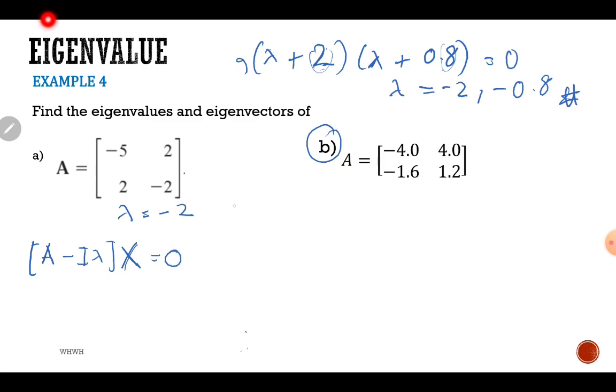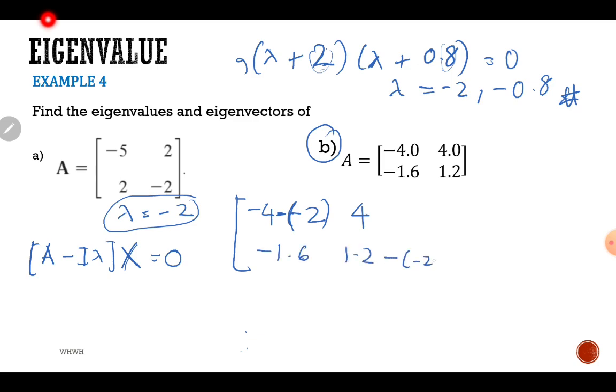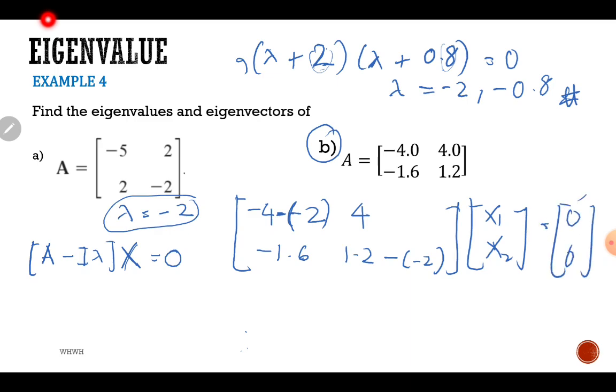So for a matrix A minus I lambda ni, lambda equals to -2, maknanya kita akan dapat -4 tolak 2. Be careful, minus lambda, minus lambda. So minus 2 because now our lambda is -2. And then here is 4 because dia tak effect kat situ. And then negative 1.6 and here is 1.2 minus -2. And then x1, x2, 0, 0. Okay. So here we have -4 tolak 2 is -2, 4.